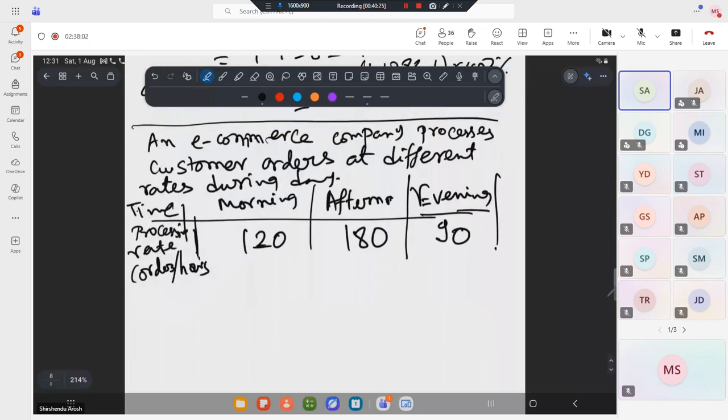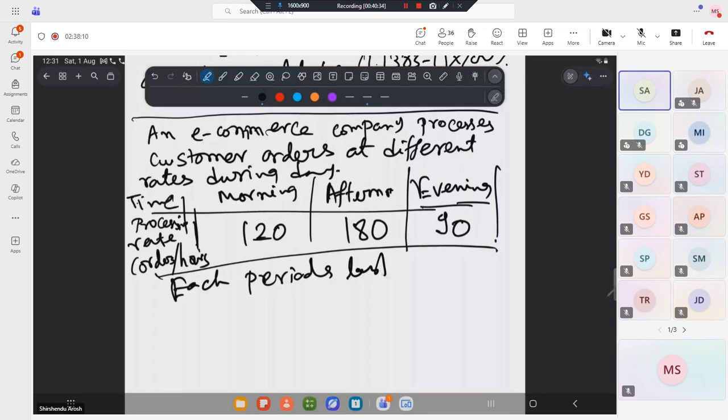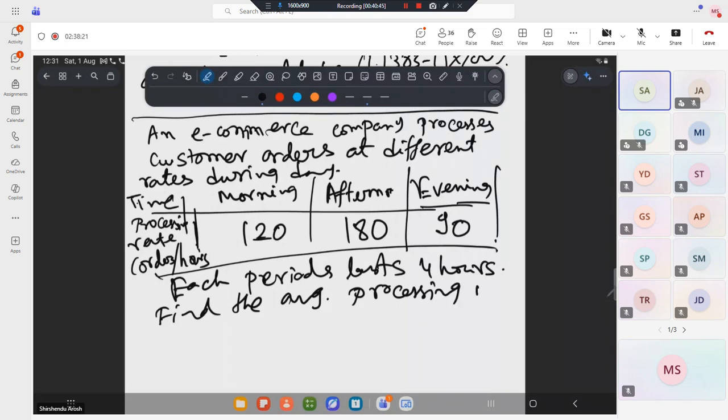Right? Then of course, each period lasts 4 hours, and the average processing rate, right? That's how we need to find out.